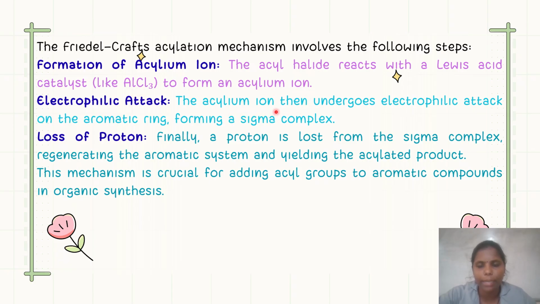This acylium ion undergoes an electrophilic attack on the aromatic ring to form an intermediate. From this intermediate, a proton is lost and it leads to the formation of the aromatic system and yields the acylated product. This reaction is very important for adding acyl group to aromatic compounds in organic synthesis.